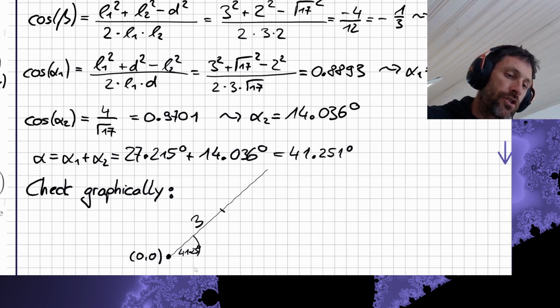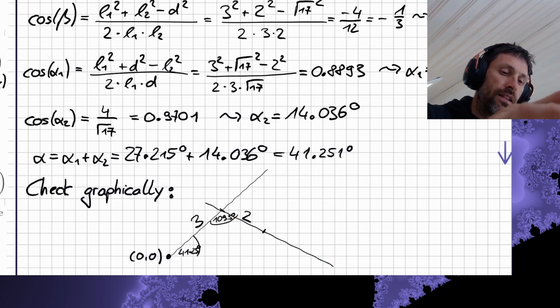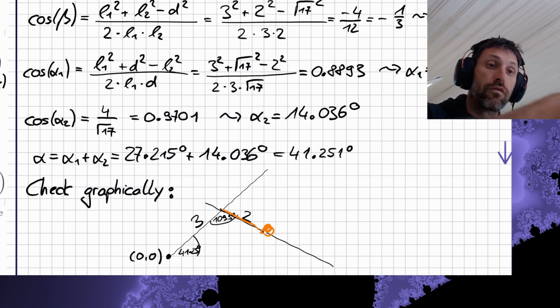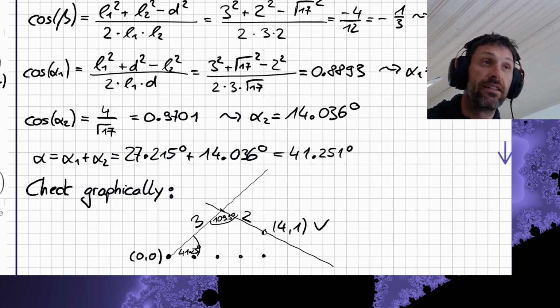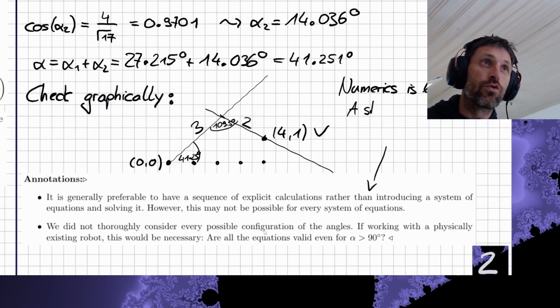Let's measure this length 3. Then at this angle, let's measure this distance 2, and let's check if this is position 4, 1, and it is. So everything was correct.